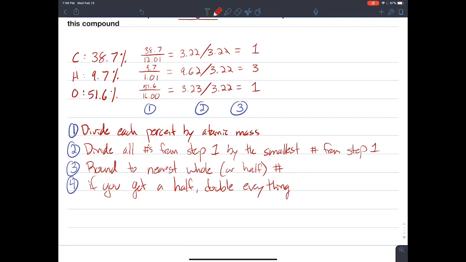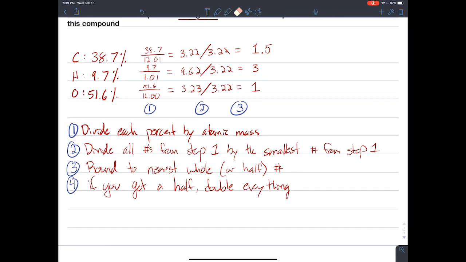So that's saying if any of my 3 numbers right here rounded to a half, if I had let's say 1.5 right here, then I would double everything. I'd multiply this by 2, this by 2, and this by 2, and my new answer would be 3, 6, and 2. Okay, so that's not the case here, but if I did have a half, I would multiply each of these 3 numbers by 2.